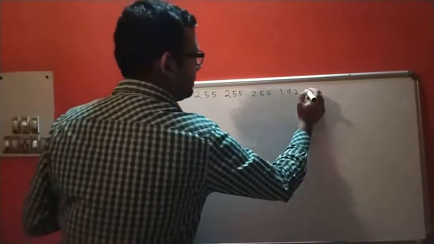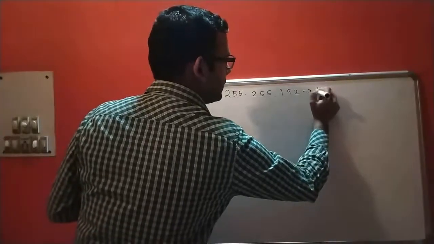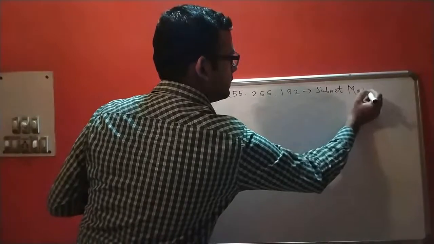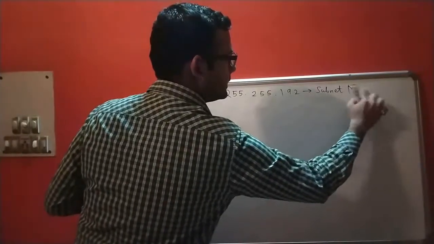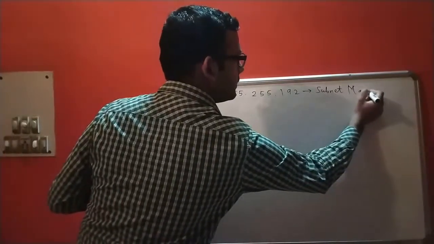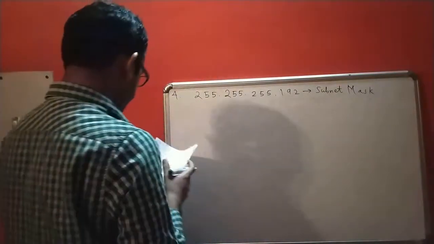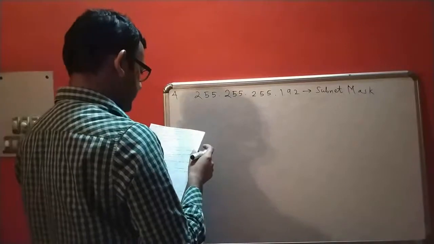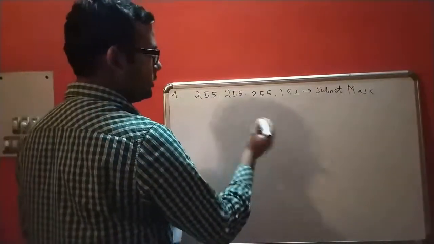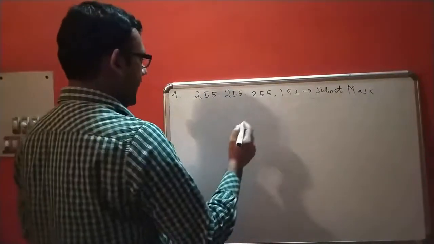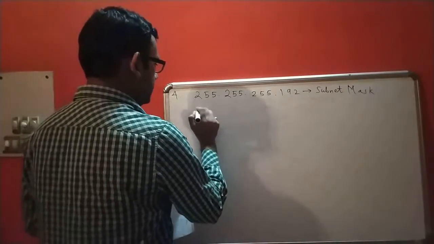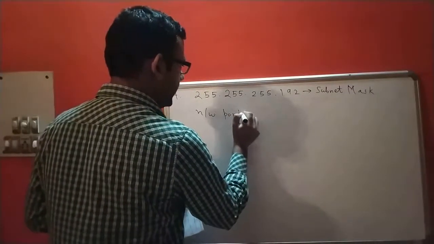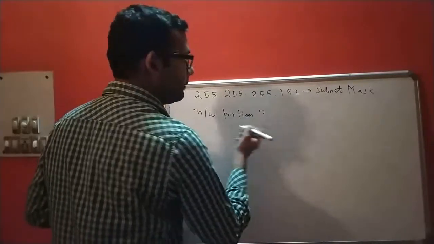So this is my subnet mask, and we are being asked to find the network portion of this subnet mask. What is the network portion of this subnet mask?